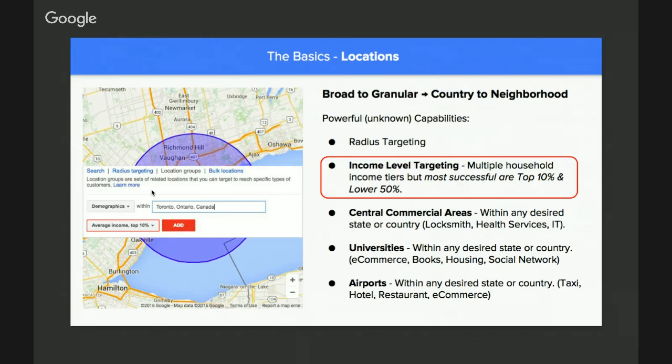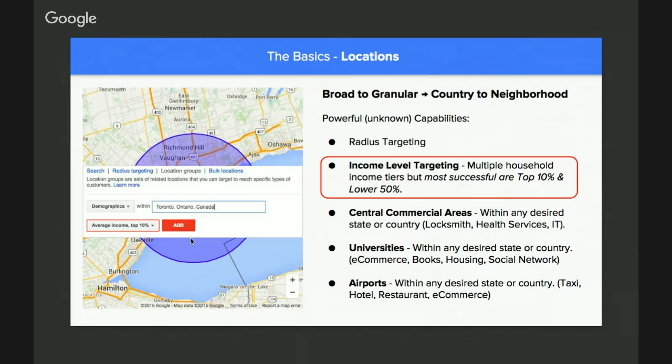Now, another type of targeting that I really like is income level targeting. And this is a little unknown feature within AdWords. You can actually target people based on their household income tiers. And you can do that in the advanced settings inside of your location settings on any of your campaigns. So you can say, I want to target the top 10% of household income tiers within the United States.